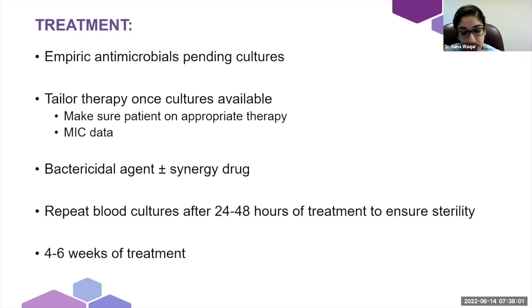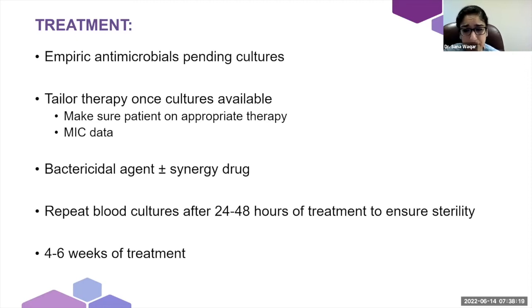You always, as a rule, want to pick a bactericidal agent plus or minus a synergy drug. And synergy drugs come in basically with certain organisms and prosthetic endocarditis. And I have some slides to go over that as well.